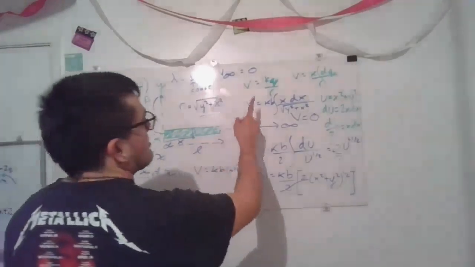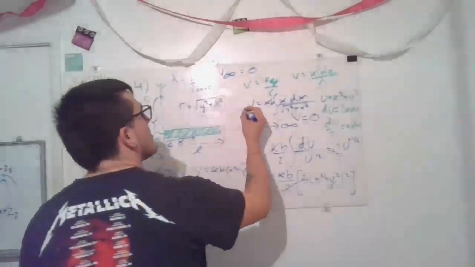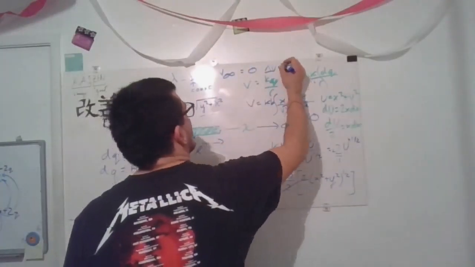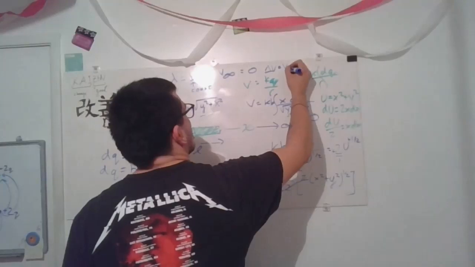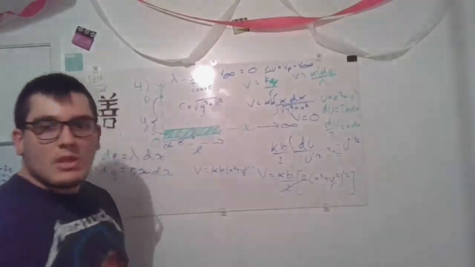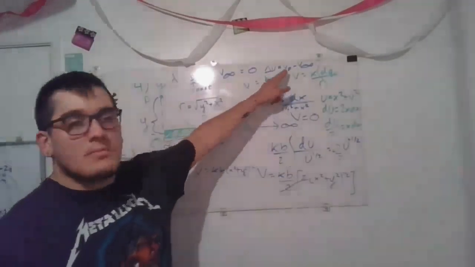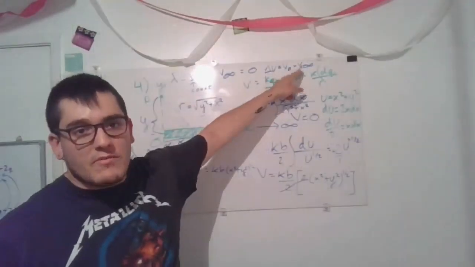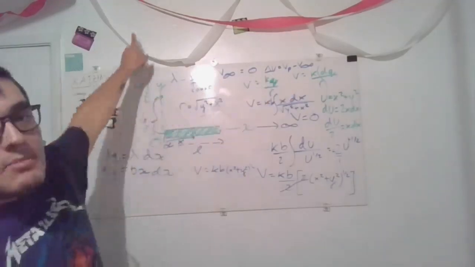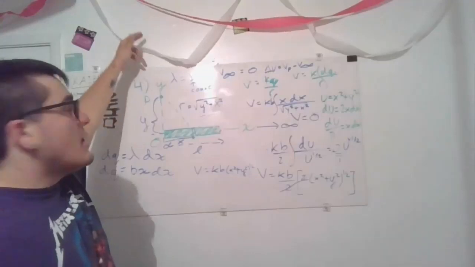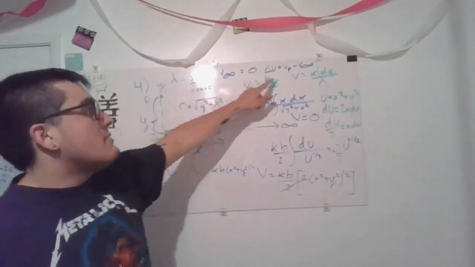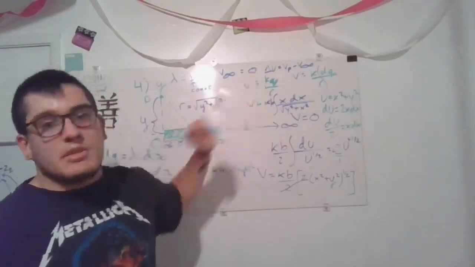So the real way I could have written this would be, because I want to start at infinity and approach P. I'm coming all the way from infinity up top, coming down, and hitting P. At infinity, V will be 0.